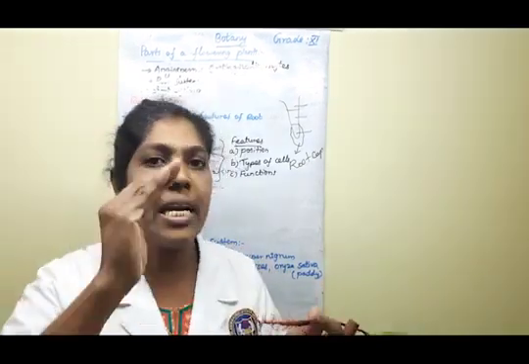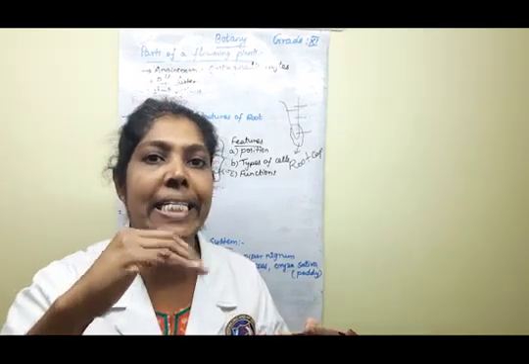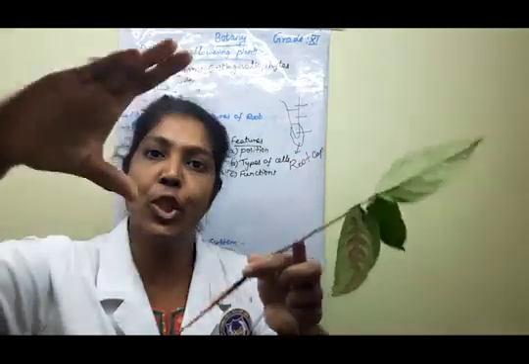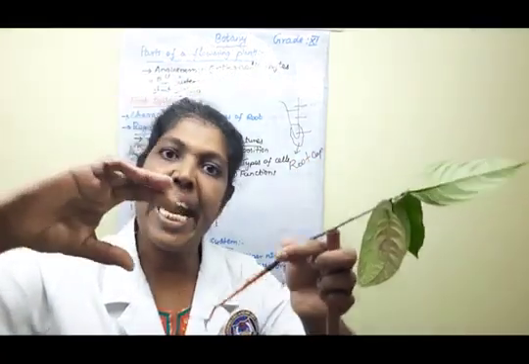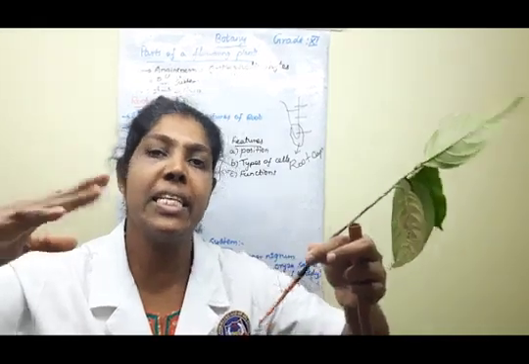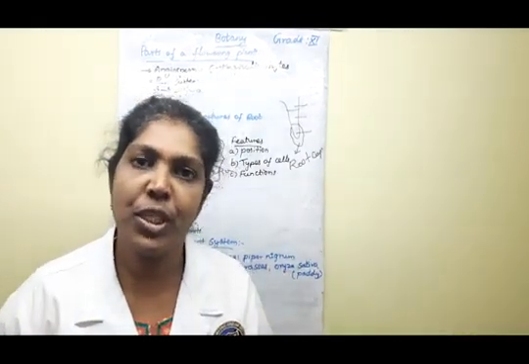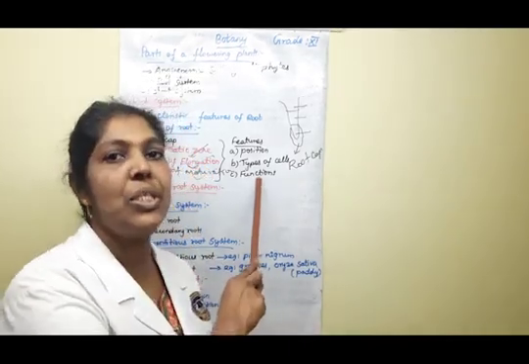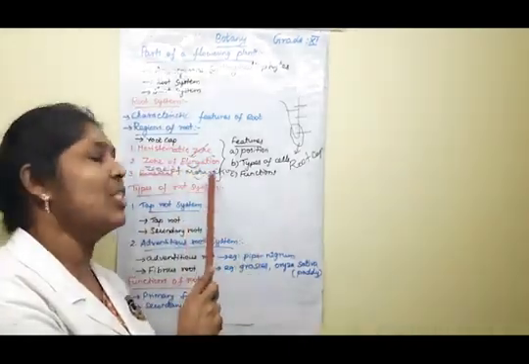Clear? Second one, zone of elongation. Elongation means increasing the length of the root region, and also increasing its width. Understood? Say yes or no? Yes.